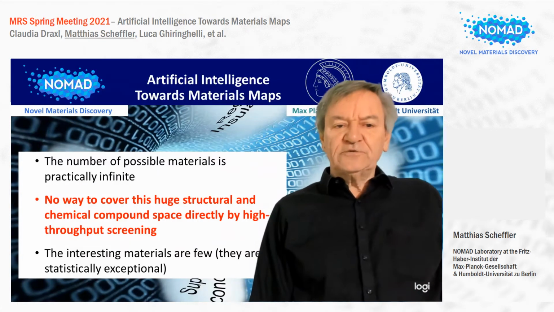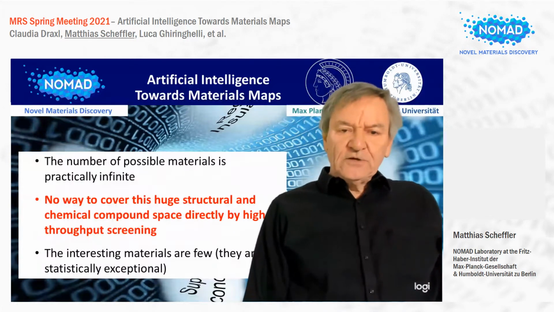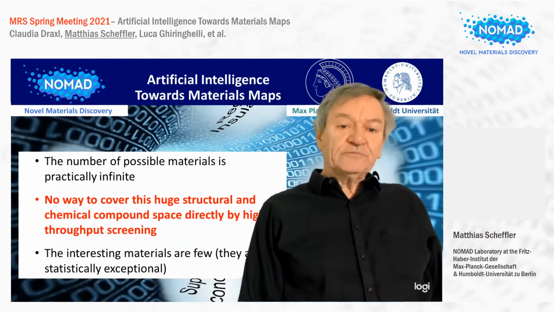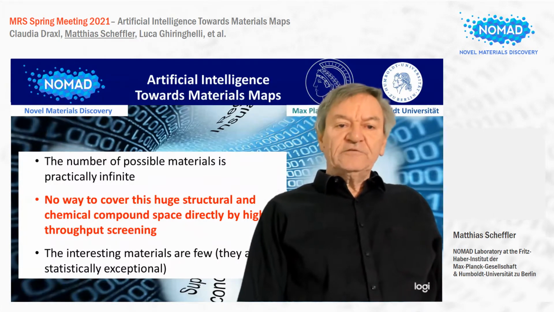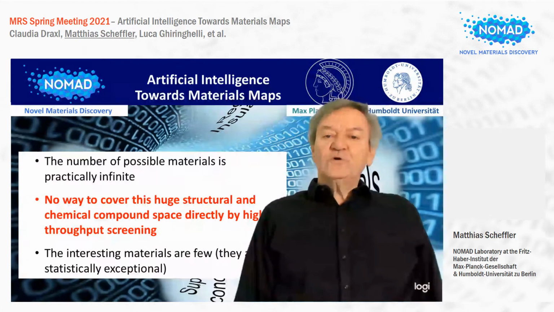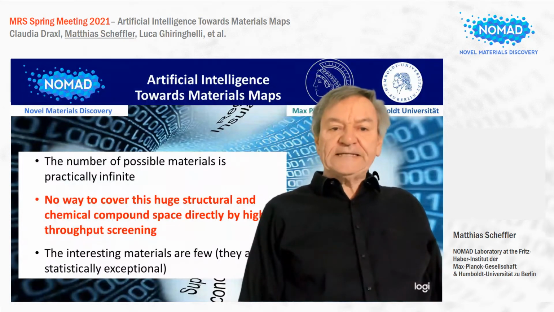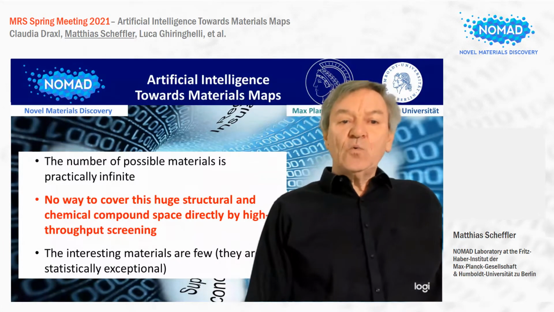Considering all the atoms from the periodic table and all the possible structures, the number of possible materials is practically infinite. Thus, there is no way to cover this huge structural and chemical compound space directly and completely with high throughput screening.